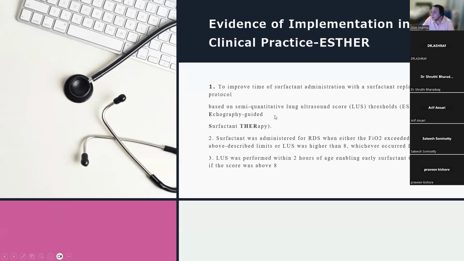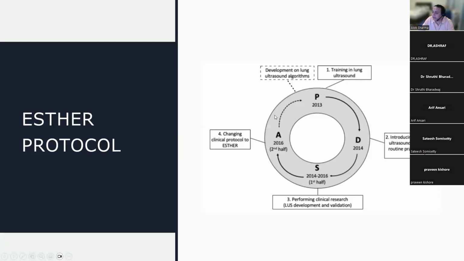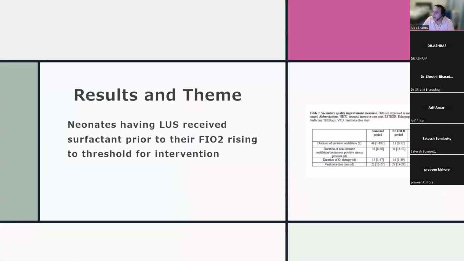What they were able to demonstrate through this is that for the babies who had lung ultrasounds that met a threshold and were treated, the duration of invasive mechanical ventilation was much shorter. The duration of oxygen therapy was not significantly different, but these babies had a larger number of ventilation-free days.